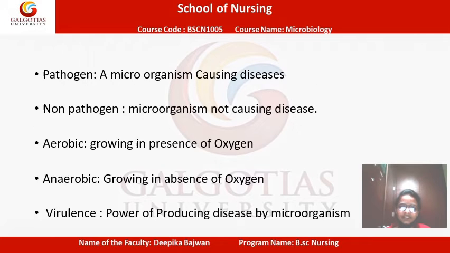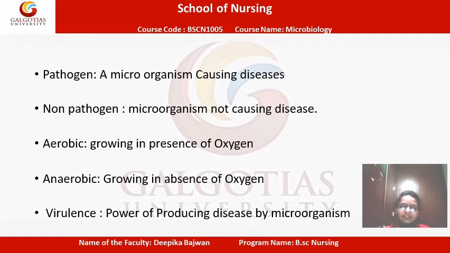Now the next term is pathogen, and the non-pathogen. A pathogen is a microorganism which is able to cause disease inside the body, but the bacteria which is not able to cause disease inside the body is known as a non-pathogen.